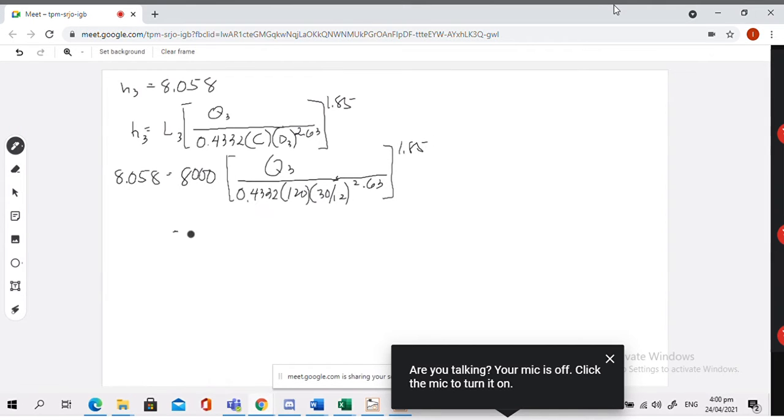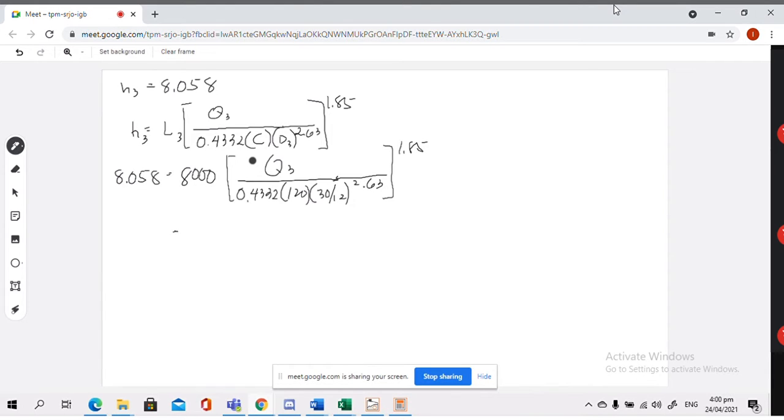So 8,000 times 1 over 0.4332 times 120 times 30 divided by 12 to the 2.63, to the 1.85.